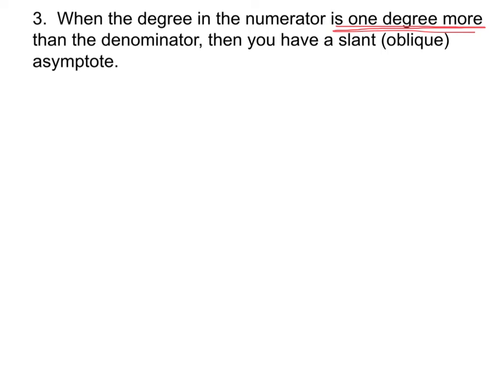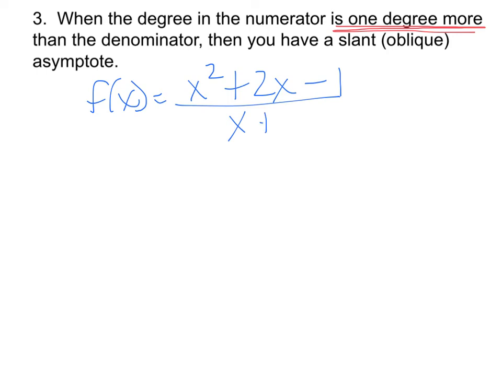So this is what that looks like. For example, if I have f of x is equal to x squared plus 2x minus 1 over x plus 6. Notice I have an x squared in the numerator and just an x in the denominator.